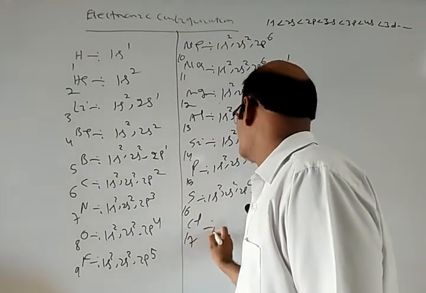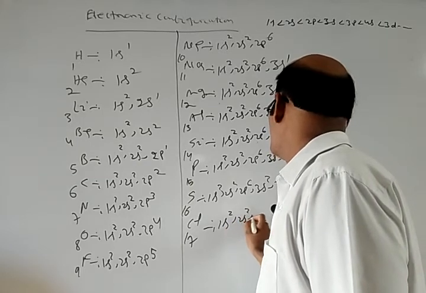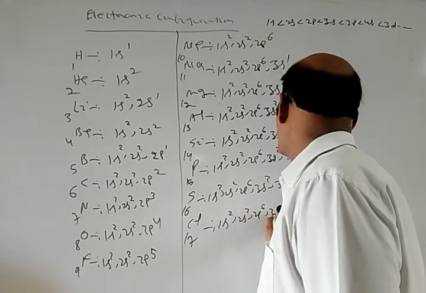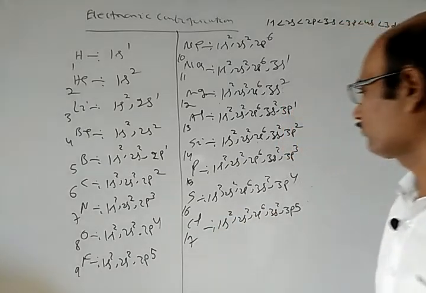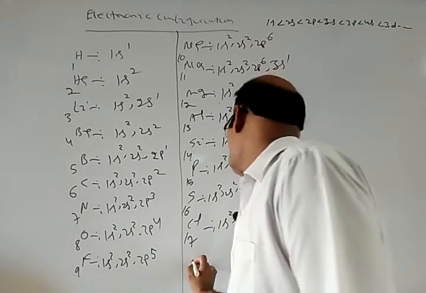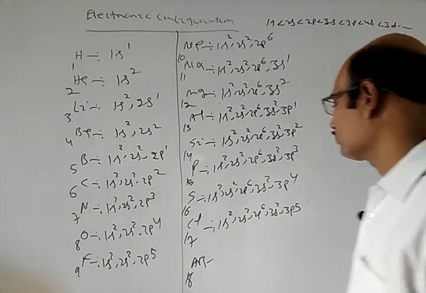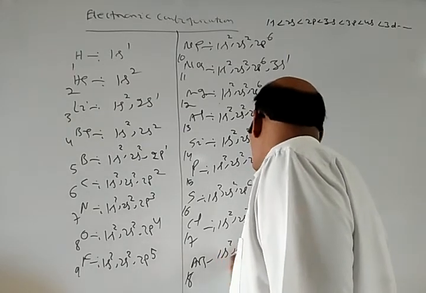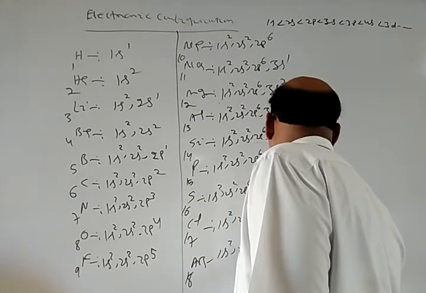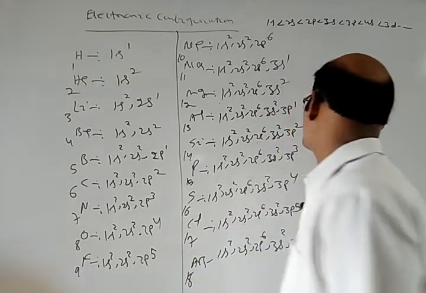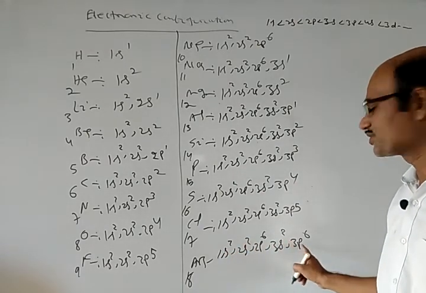Chlorine 17, 1s2, 2s2, 2p6, 3s2, 3p5. Argon 18, 1s2, 2s2, 2p6, 3s2, 3p6. So 2 to 4, 6, 10 to 12, 6 to 18.